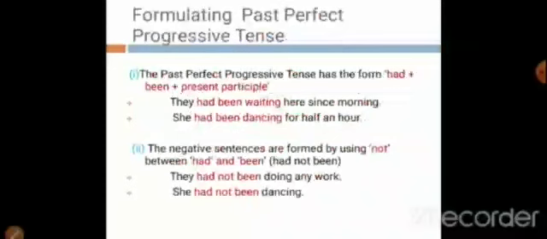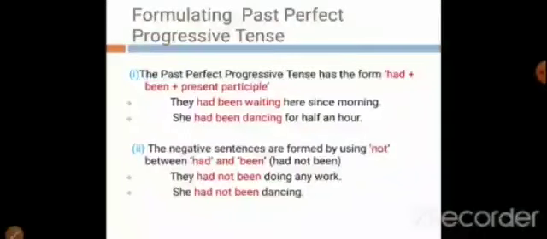Now, formulating past perfect progressive tense. How do we form it? Past perfect progressive tense has the form had, because it is past perfect, then been and the present participle. Why present participle? Because it is progressive. They had been waiting here since morning.